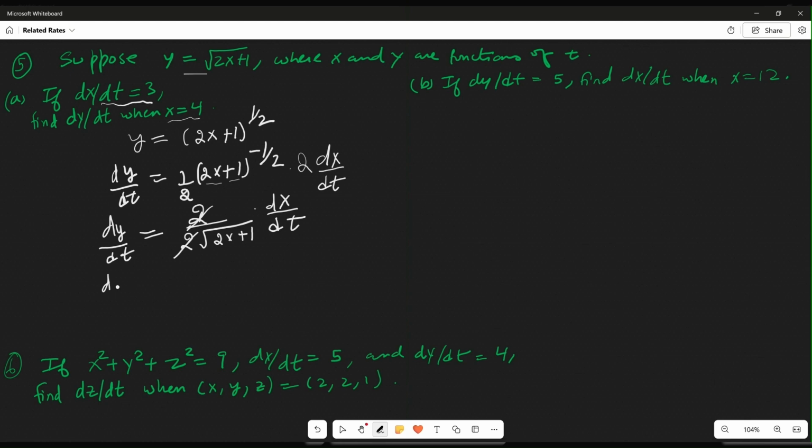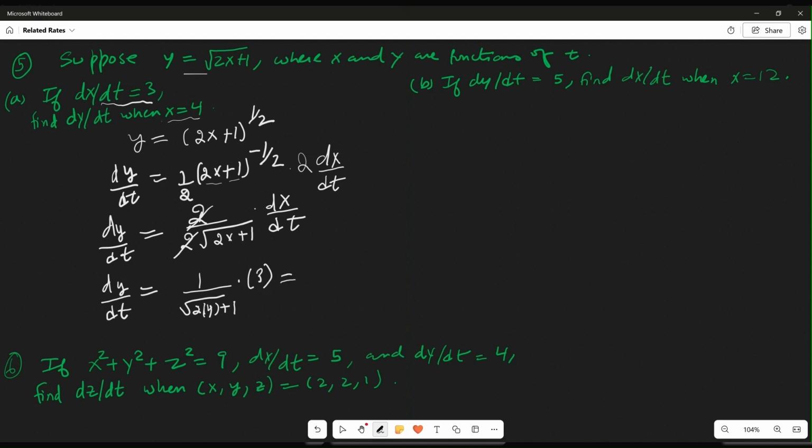So now we are going to plug in the values here. Simply 2 times 3. No, sorry. X is 4. So 2 times 4 here, times dx over dt, given as 3.